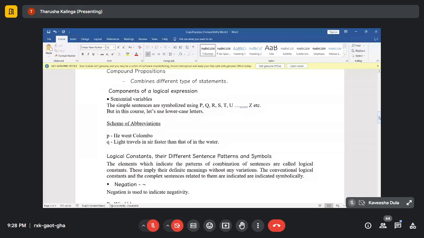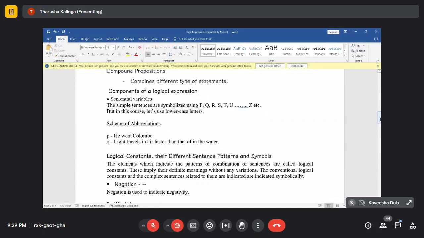So here we are talking about this calculus because it was first discussed by Aristotle. Aristotle developed this kind of calculus first, and then it evolved and came to the predicate calculus.